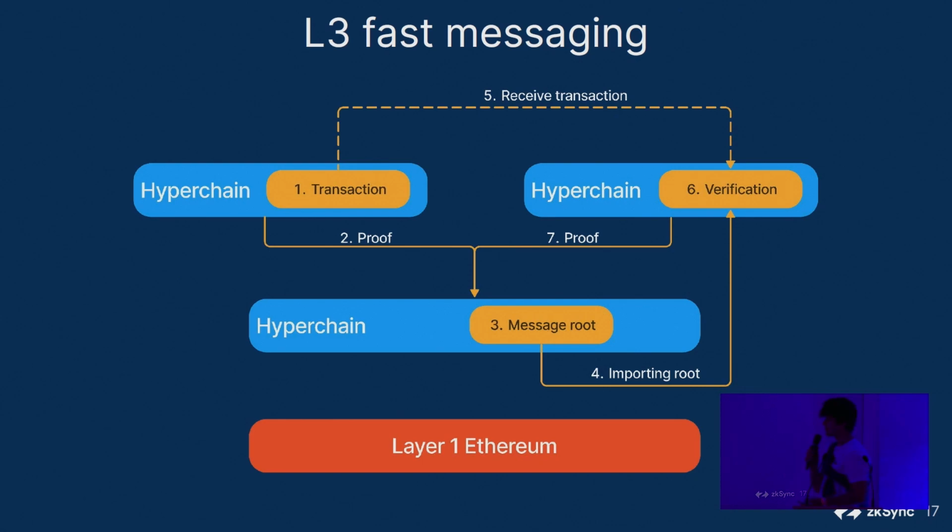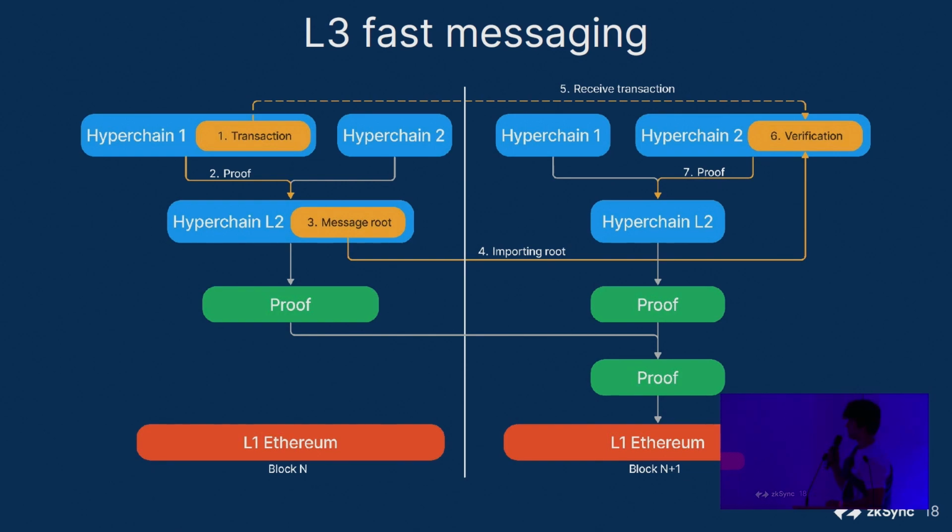And this is also a form of proof aggregation, because if we look at it in more detail, then what actually happens is that this message and proof message route importing and receiving the transaction will happen on different blocks of the layer 2 and layer 3. So that's block N of the layer 1 and of the layer 2 and layer 3, and this is the next block in each of the chains.